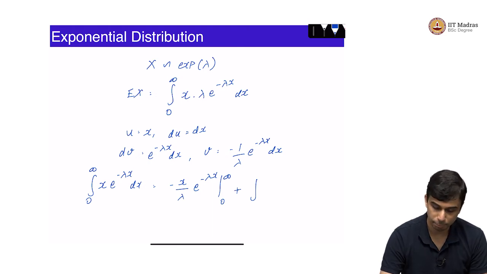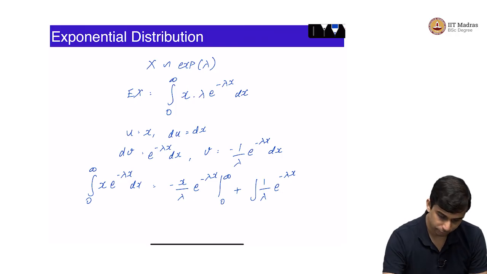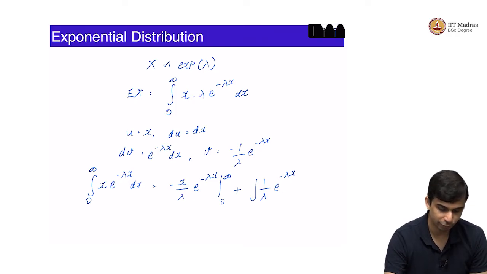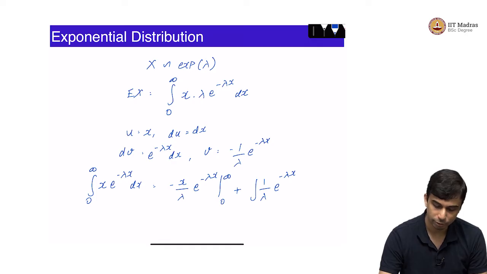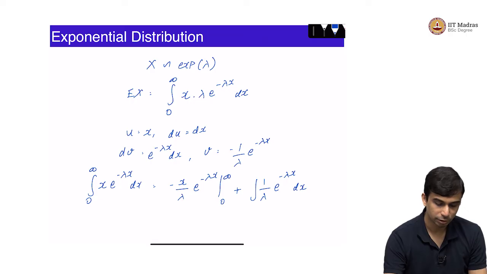So, the minus becomes a plus here, 1 by lambda e power minus lambda x, du is exactly equal to dx. So, for v you would not have a dx, I am sorry for that. So, v du.